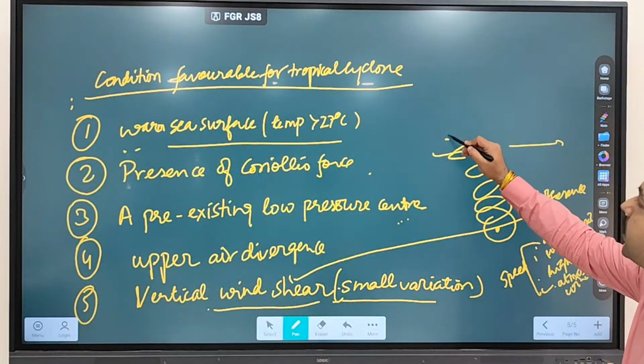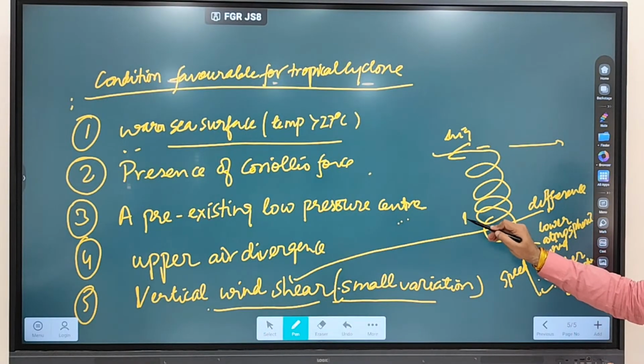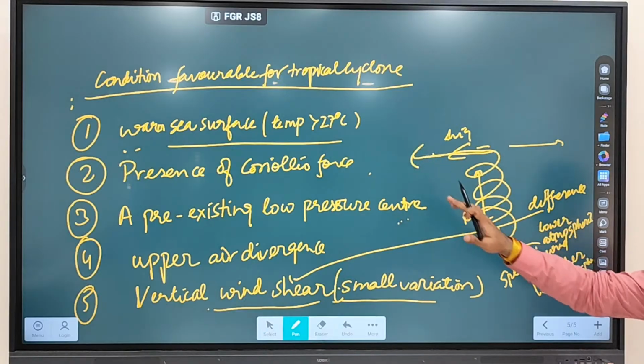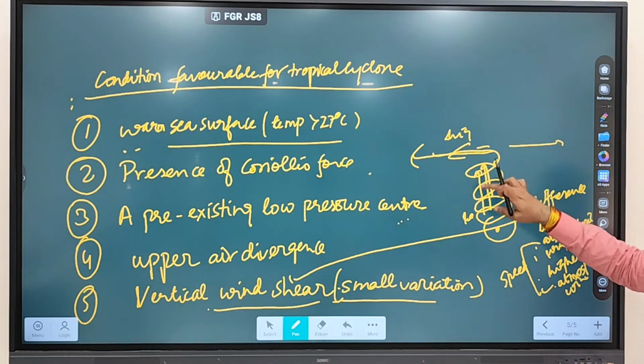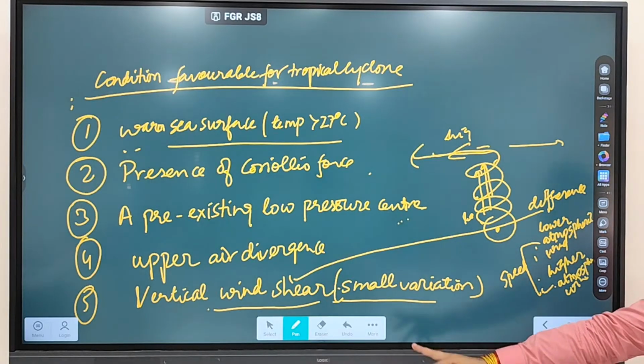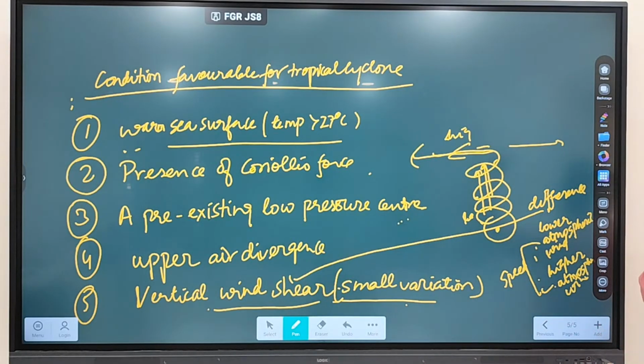If winds are moving with a high speed over here and low speed over here, by the time this wind has already moved, you don't see the rising of wind that happened because of friction. So there needs to be a small variation between the rising wind and the upper atmospheric wind. There should not be much difference. Clear? So wind should not be moving at a low speed in the lower atmosphere and at a high speed in the higher atmosphere.